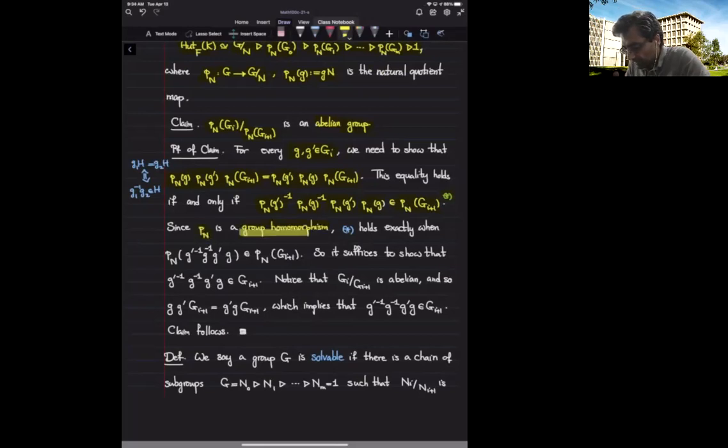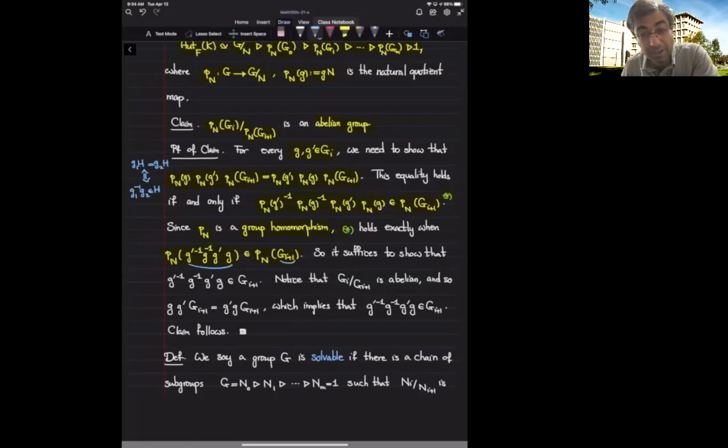So therefore, this star over here holds exactly when I can pull out these P sub n's, and this element over here is P sub n of G prime inverse times G inverse times G prime times G. So I need to show that this element belongs to P sub n of G sub i plus 1. Again, P sub n is in fact a function, so it's enough to show that this element belongs to G sub i plus 1.